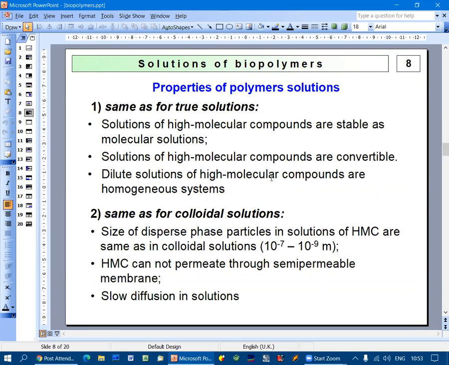Solutions of biopolymers have some properties similar to properties of true solutions, but at the same time, properties similar to colloidal solutions. They are listed here.